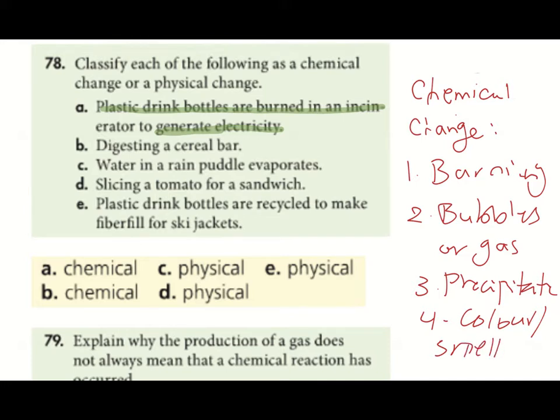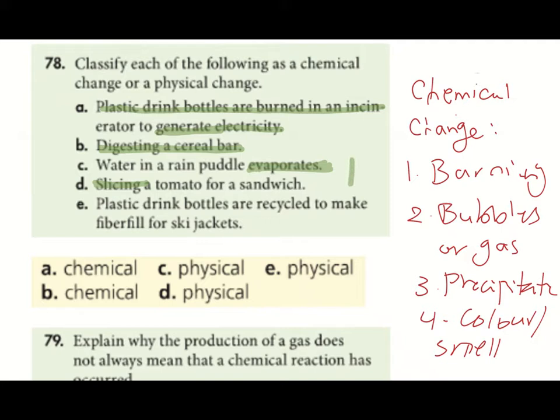So let's read here. Next question. Digesting a cereal bar. When you digest something, of course, it's a chemical change because you change it into a new substance with new composition. Water in a rain puddle evaporates. Evaporation is an indicator of a physical change. Slicing a tomato for a sandwich, like cutting a tomato into pieces, is just a physical change.